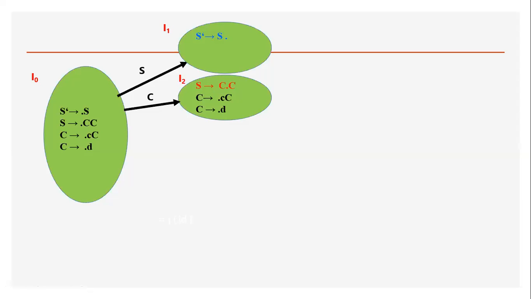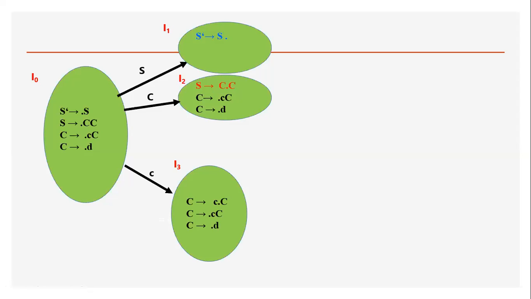This is the I2 state. Then on small c, it will move to C derives c dot C. So once again, the dot is at the front of non-terminal C, so you have to include C's production with the dot at the front. No new production comes because both c and d with the dot at the front are terminals.